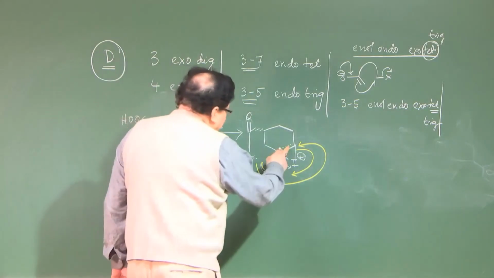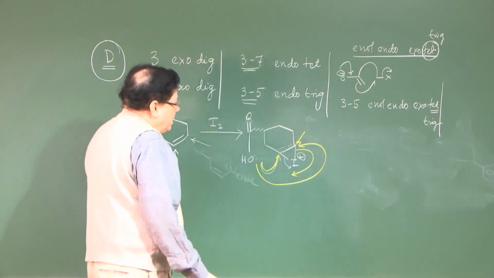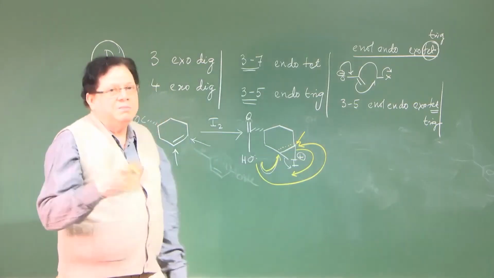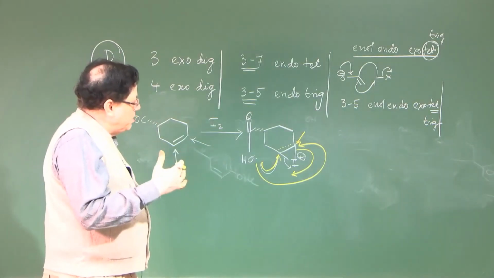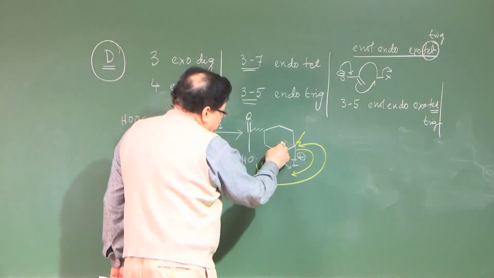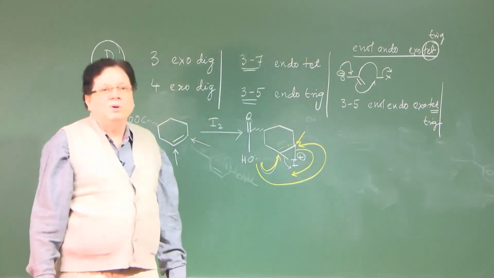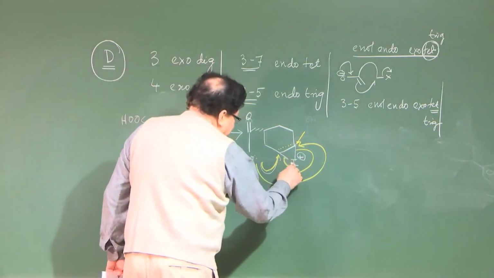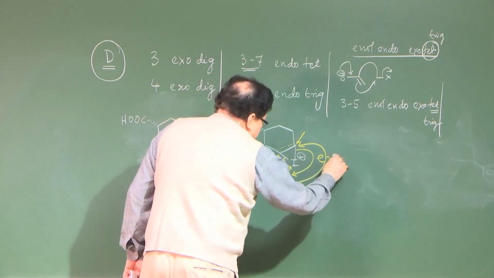On the other hand, if this attacks the second carbon, this one, then if you think of this as originating from a double bond, if you consider the double bond as a proxy, then that bond is going in this direction, and that is basically an endocyclic attack. Okay. So, when this breaks, that is the exo, when this bond breaks, that is the endo.